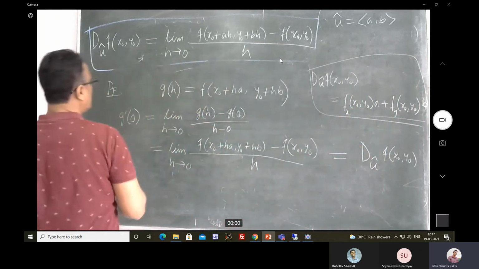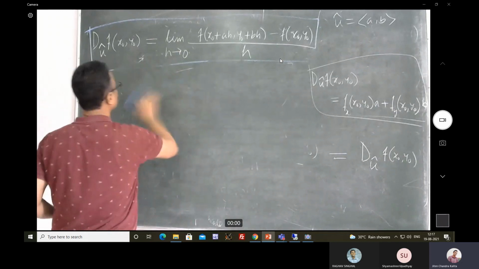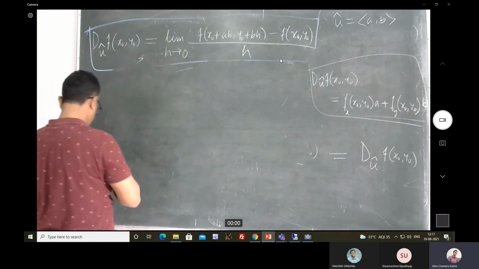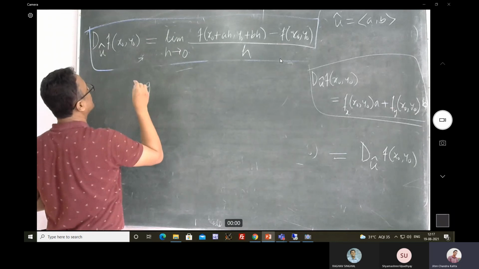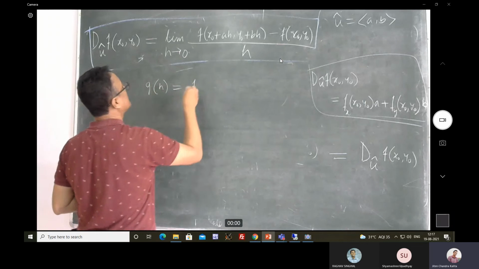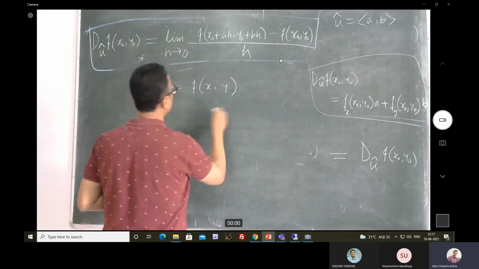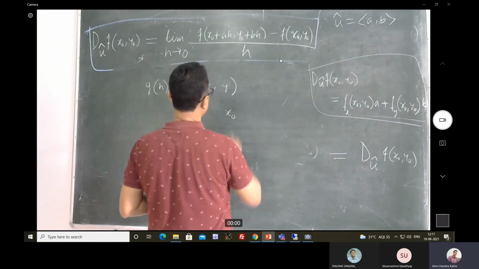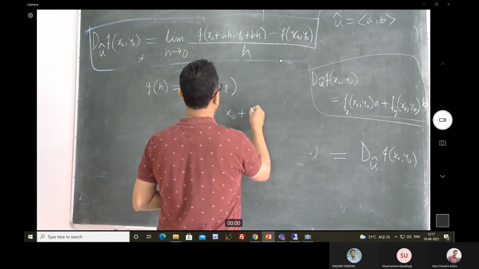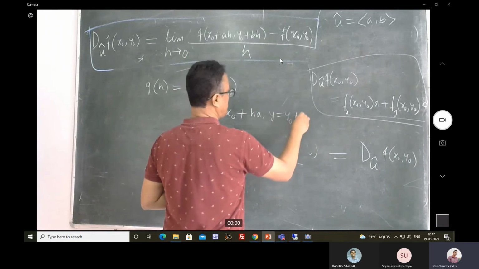Okay, fine. So now, if I assume that g of h is equal to f of (x, y), where x equals x naught plus h a, and y equals y naught plus h b.